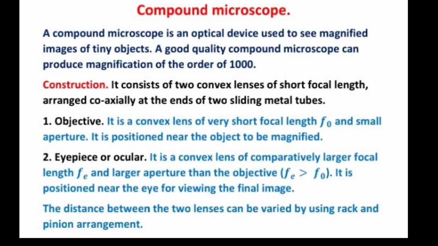Whereas eyepiece is another convex lens that has comparatively large focal length as compared to the objective lens and having large aperture. It is positioned near the eye to observe the final image. The distance between the two lenses can be varied by using a rack and pinion arrangement.